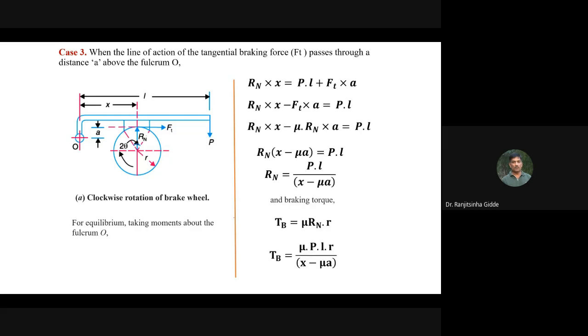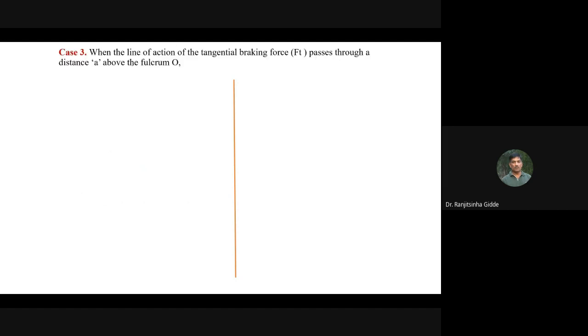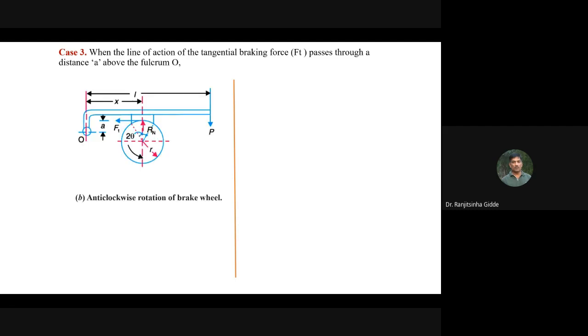So again, braking torque TB is equal to this mu Rn into R. Therefore TB is equal to mu PL into R upon x minus mu a. Then, when the line of action of the tangential braking force Ft passes through a distance a above the fulcrum, same case, only anti-clockwise rotation.